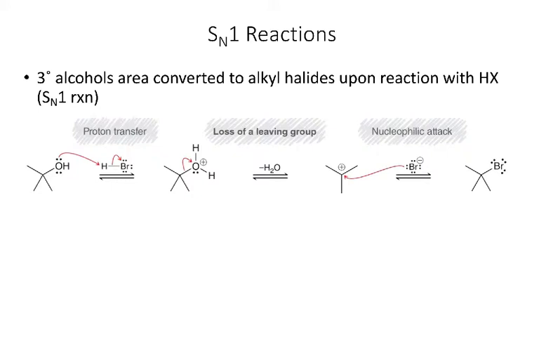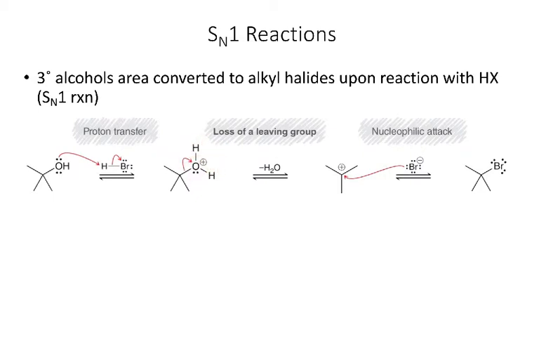So we did very quickly in Chapter 7 talk about substitution reactions with other substituents, and one of those was alcohols. And so one of the things that we talked about is if I react a tertiary alcohol with an HX, where X is a halogen, under these acidic conditions, I can first protonate the alcohol, converting it into water, which is a good leaving group.